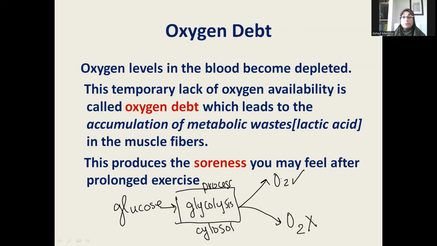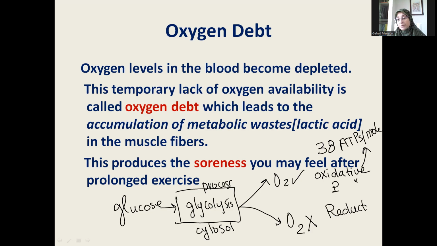If you have oxygen, then it will continue breakdown and undergo oxidative phosphorylation and produce a lot of ATP molecules, 38 ATP molecules per mole of oxygen. But if you don't have oxygen, then oxidative phosphorylation will not occur, and another process will occur, which is a reductive process, and that reductive process will result in the formation of lactic acid and only 2 ATP molecules.